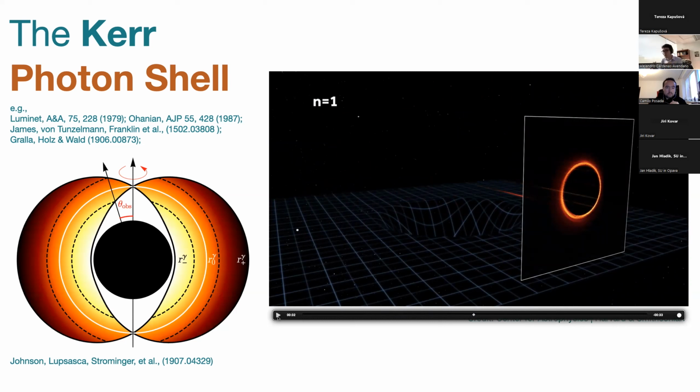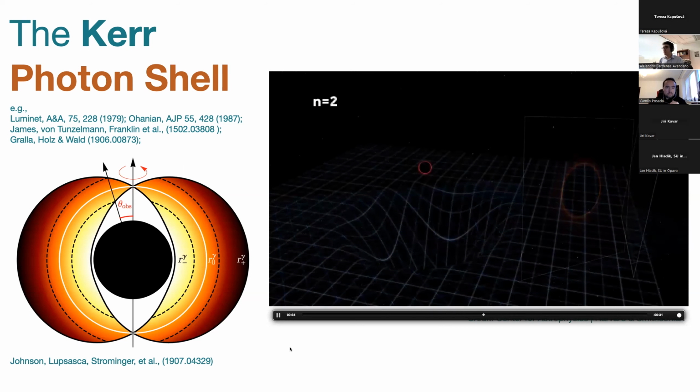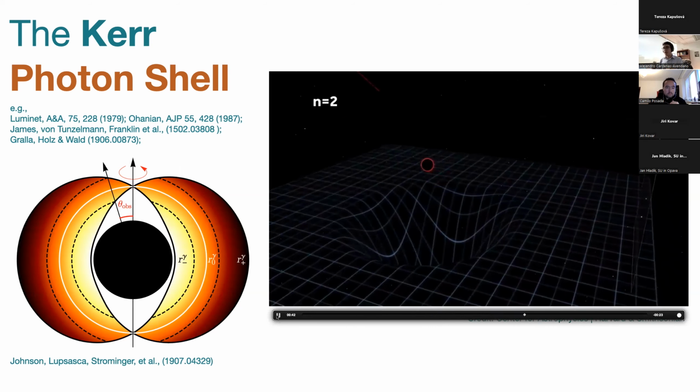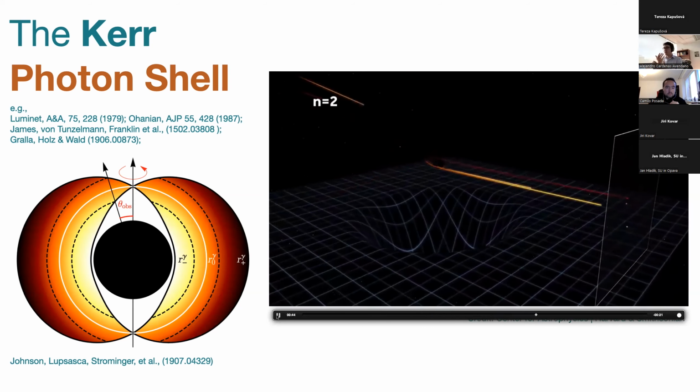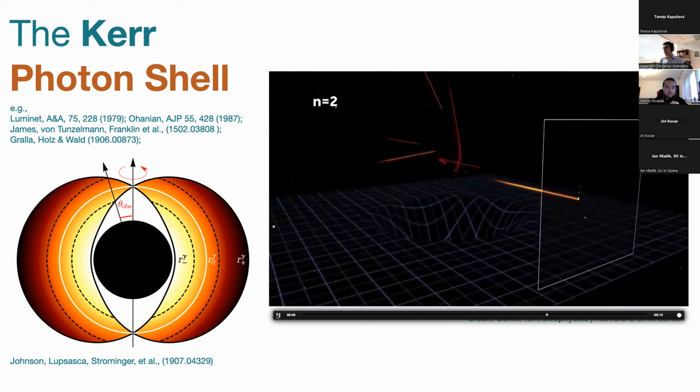They appear in this structure that we nowadays call photon rings. As I said, this has been described over the past decades. Now, of course, you can go to N equal 2. These will be the photons that do 2 extra half turns. Here are 2 examples of those, and then we launch a lot of them. Your image will be the composition of all these photons that make these extra turns.